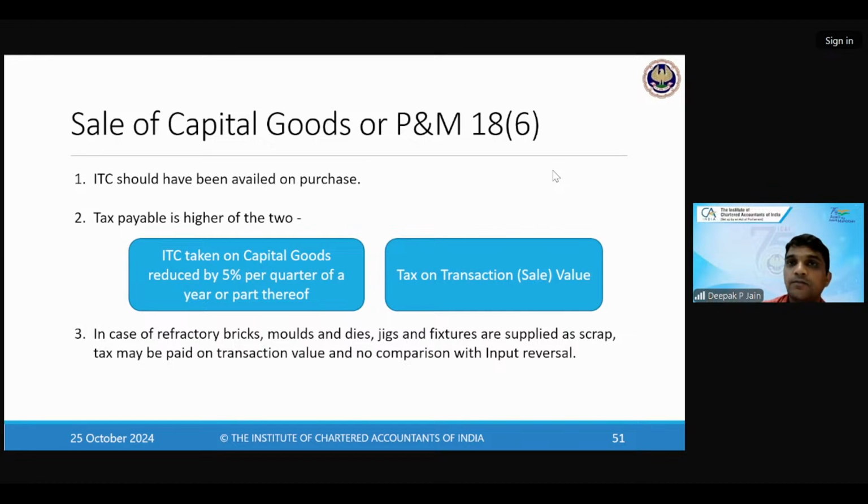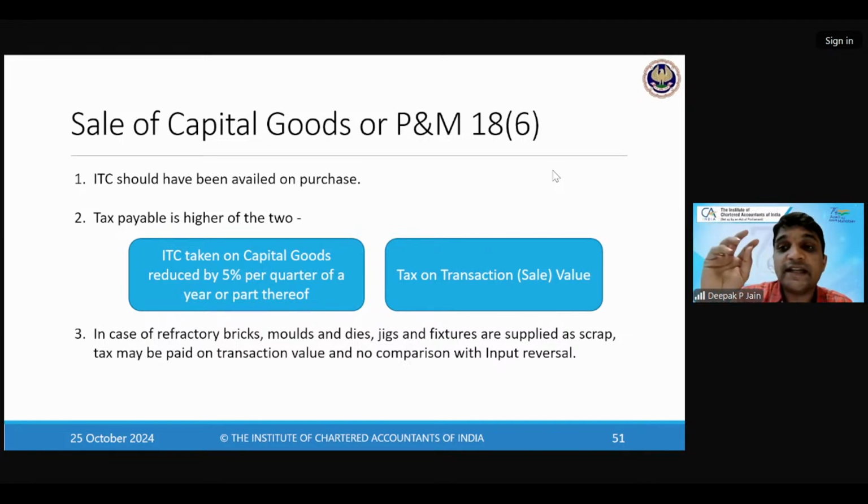So when you have bought a capital asset and you're selling it, at what rate do you have to pay GST? ITC should have been availed firstly. If it is a motor car or any of those assets which have blocked credit, where you have not claimed the credit, there you have to pay GST on the sale value.